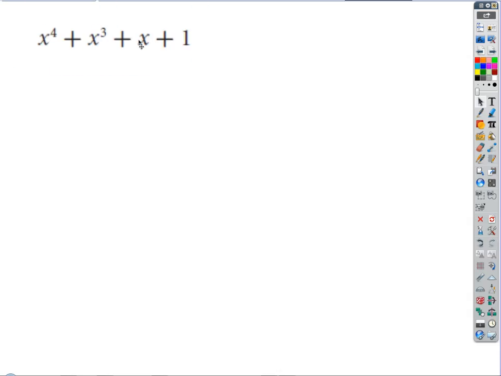Try that one. Try factoring that by grouping.